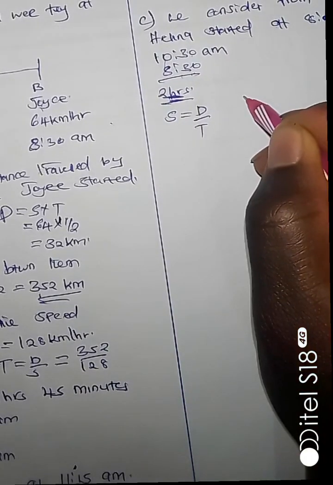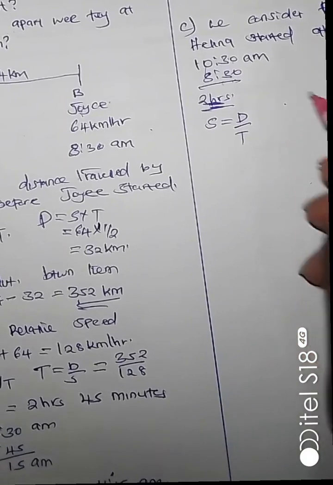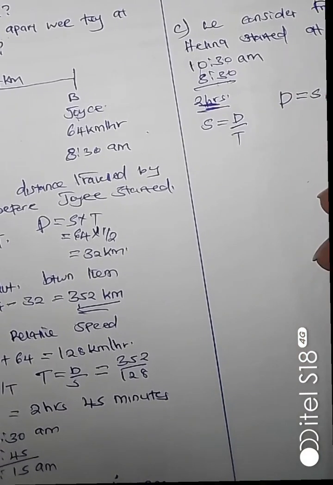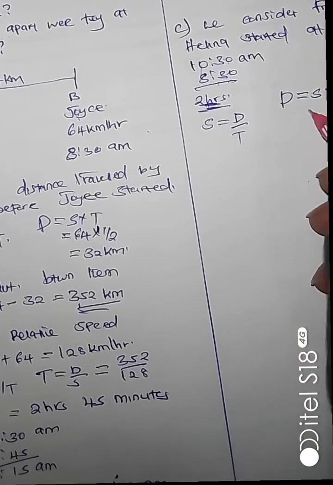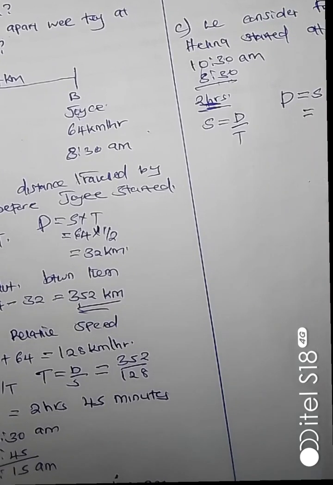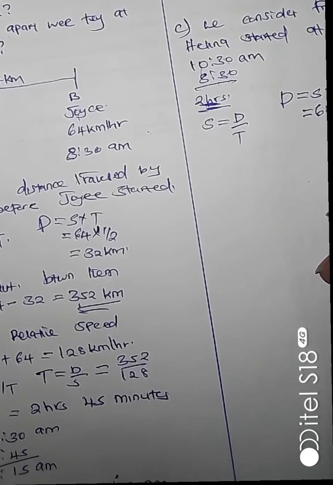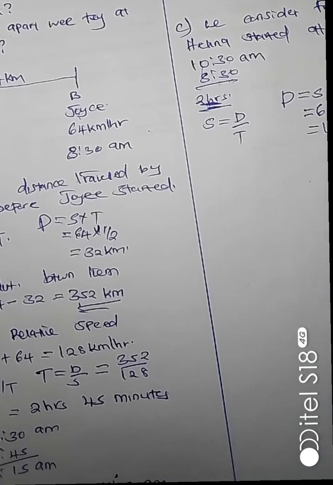Now here we are told how far, so distance is equal to speed times time. The speed of this is 64 times 2, it is 128 kilometers. Now, with this 128 kilometers, we can take the overall.